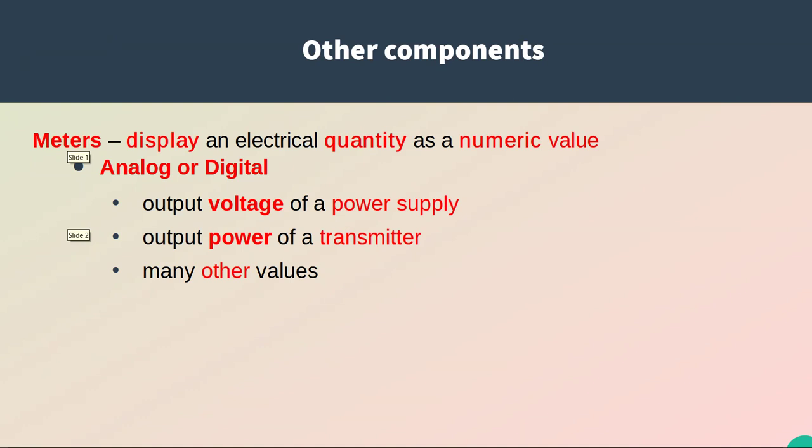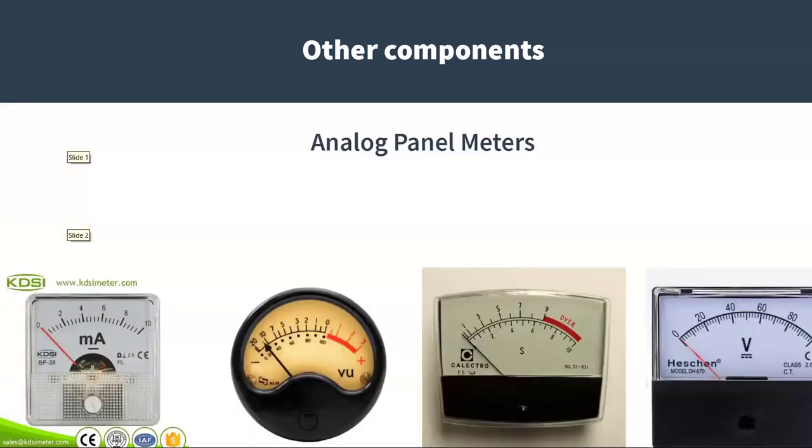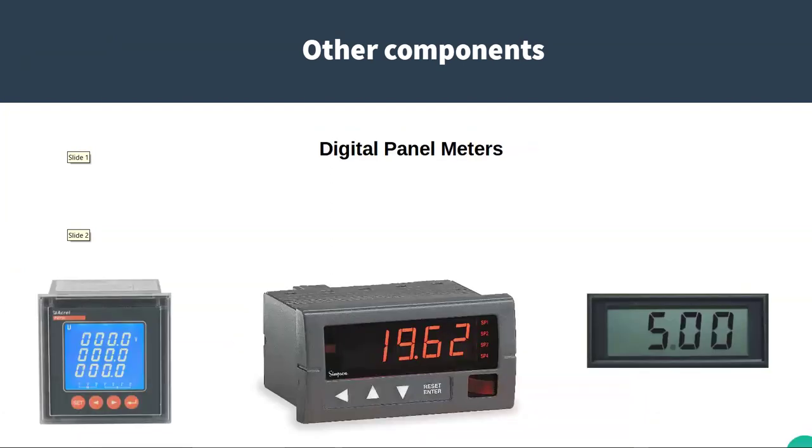They're even used as time displays, frequency displays on your radio. There's some typical of the old analog type meters. You don't see them nearly as much anymore. You may still see them on a power supply. Some of the more modern digital meters, which are much more common.